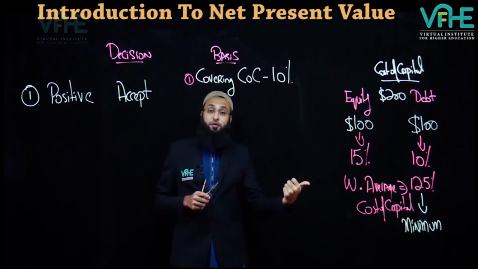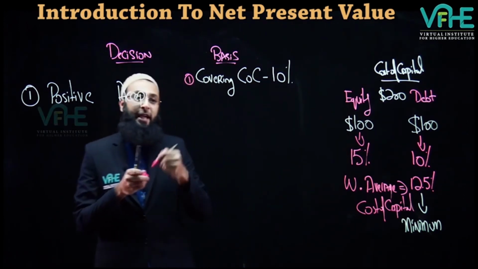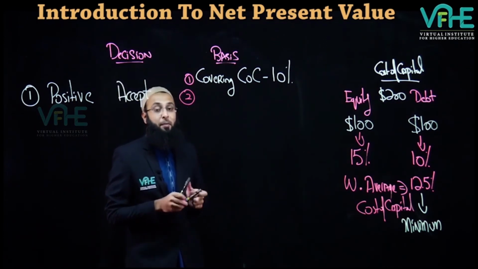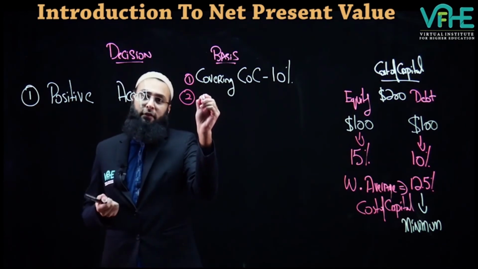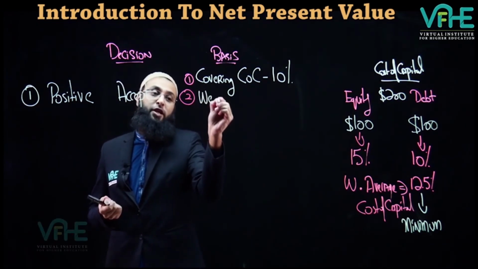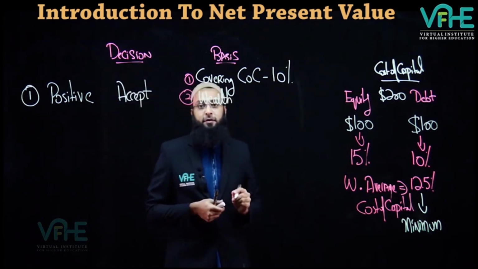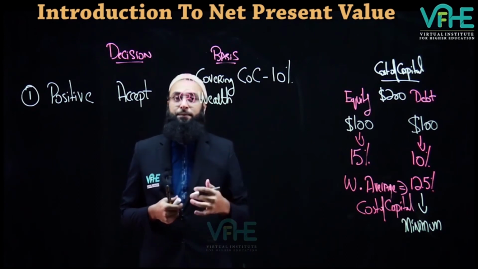It is covering the cost of capital because the answer is positive. And the second thing is, it is not just covering the minimum cost of capital, but it is also generating wealth. So it is also generating wealth for the shareholder. So wealth generation is also there.